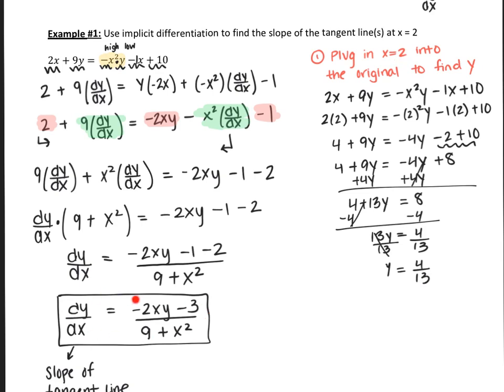So in my derivative now, my step 2 is I'm going to plug in x and y. So plug in, I can even make it a point, (2, 4/13) into dy/dx to find the slope of the tangent line.